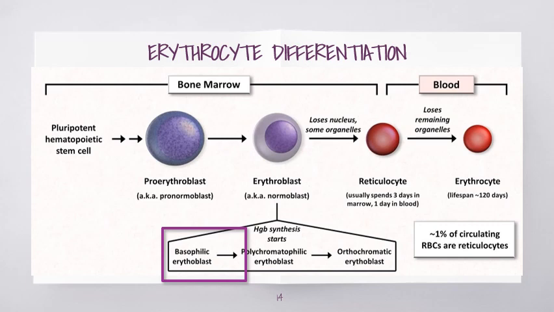Okay? I want you to remember that at the back of your mind. As the cell matures, or as erythrocyte production ensues, its main goal is to expel the nucleus.